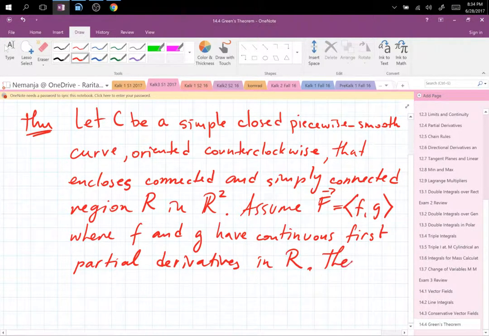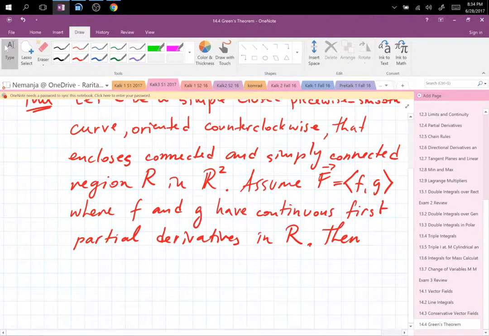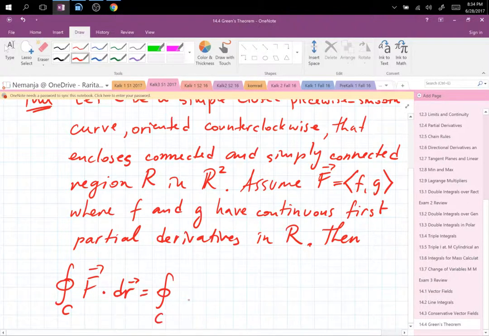Then, and here we go. The integral on the closed curve C of F dot dr is the integral on the closed curve C of F dx plus G dy.